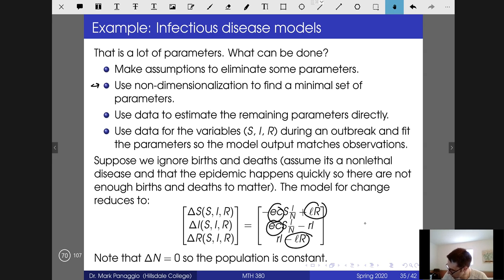And so you could think of that as being just a single parameter. You could call it, say, beta, and set beta equal to EC, and that allows you to actually reduce the number of parameters that you need to estimate, right? The model is still going to have the same amount of flexibility, but it gives you one less parameter to keep track of.